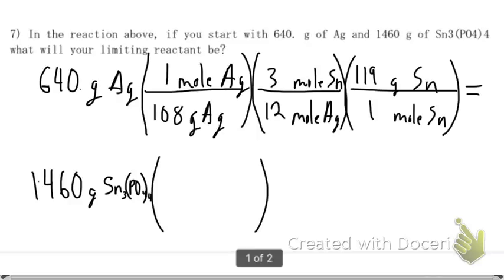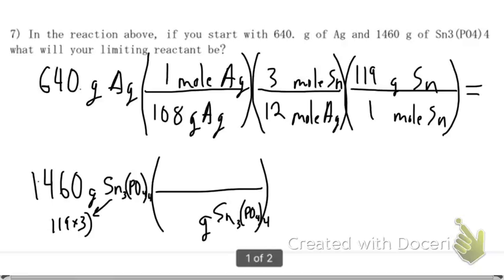On the bottom, you do the exact same thing. Tin 4 phosphate. So immediately we start off with a challenge of figuring out how the heck much tin 4 phosphate weighs. Well, tin weighs, we're going to call it 119 times 3 plus 4 phosphates, so 31 times 4, plus 16 oxygens.